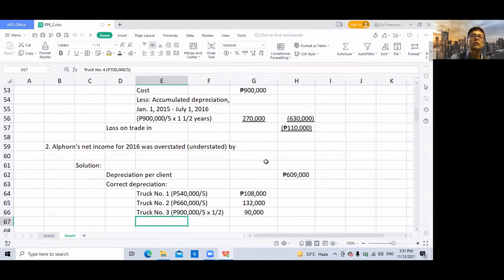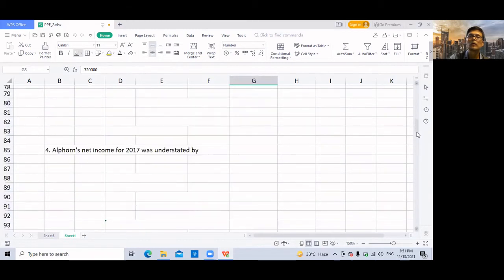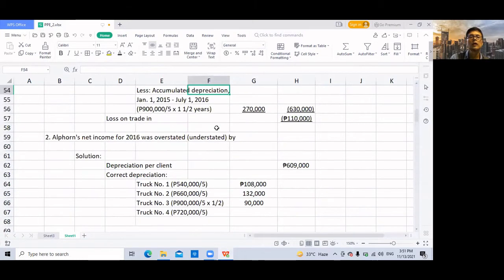And truck number 4 is 720,000. Divide this by 5 years, so that would be 144,000.